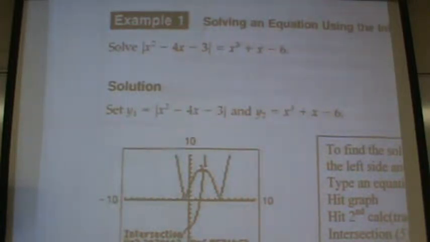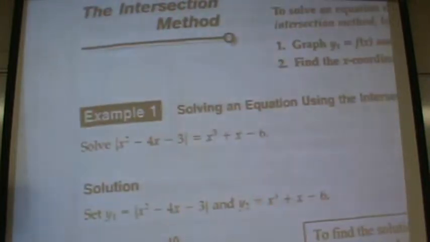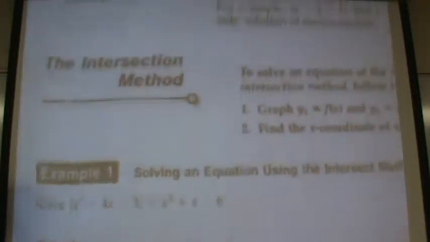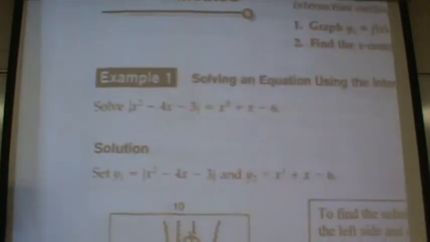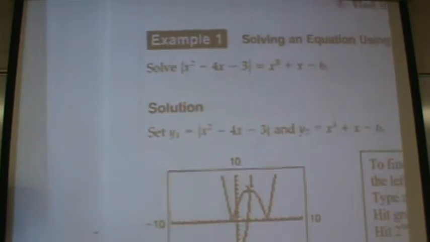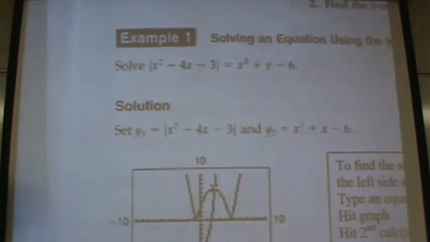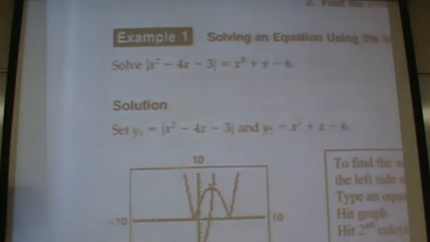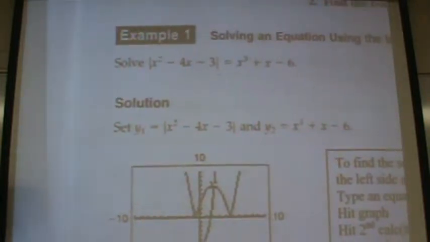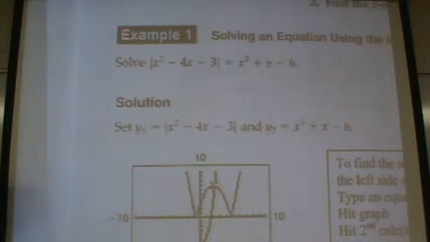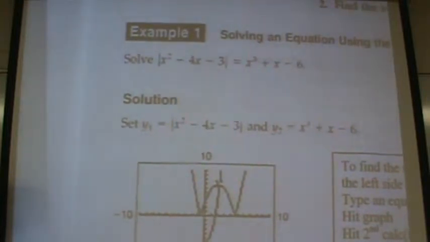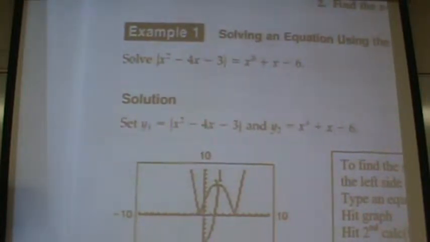Today, we are going to go back to section 2.1, and we are going to review how to solve these awful-looking equations. Look at this one, absolute value. These are gonna be really difficult. The ones you did on your test yesterday were a lot easier. Those tended to be done without a calculator.